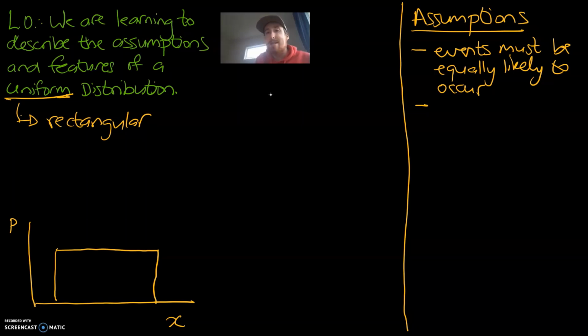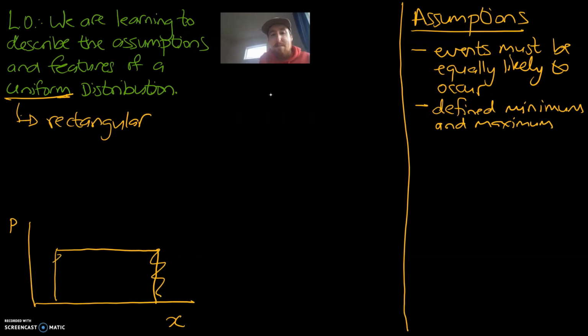Okay, the next assumption is there are upper and lower limits, or another way to say it, there is a defined minimum and maximum. And we can see by our graph, there is a defined maximum and a defined minimum.